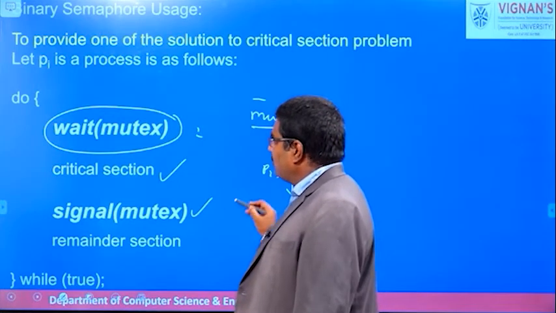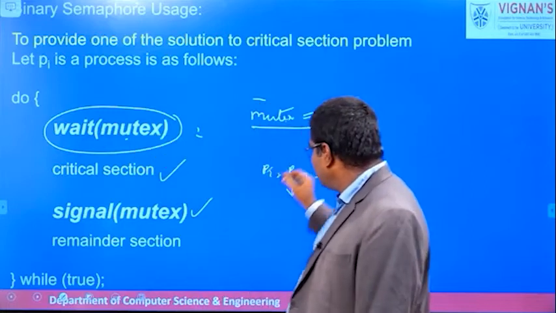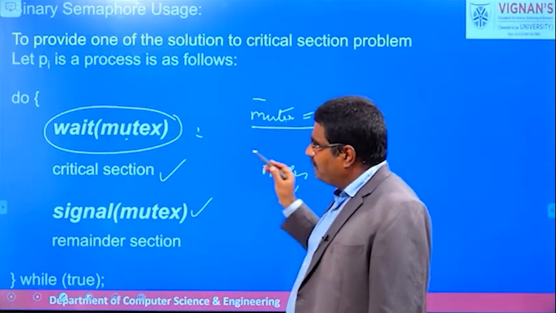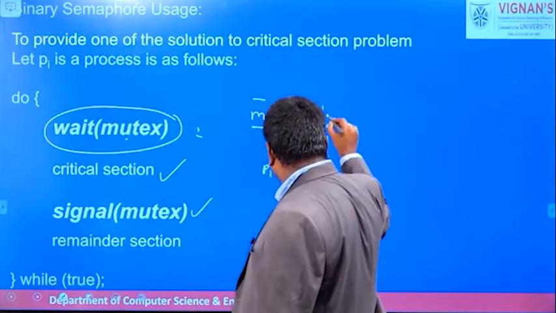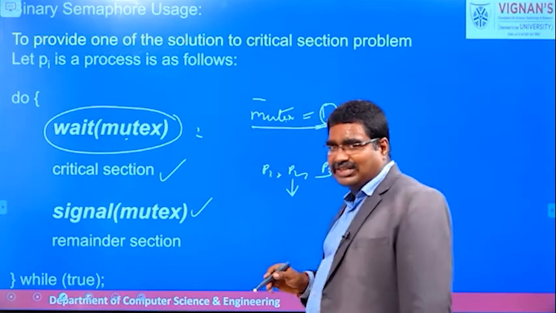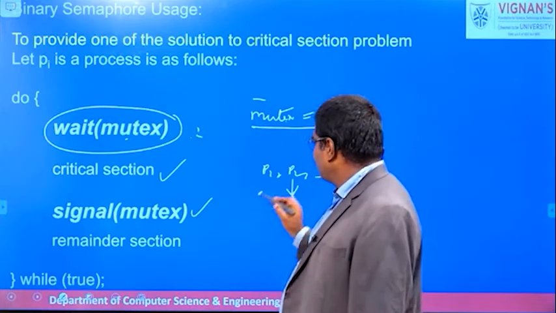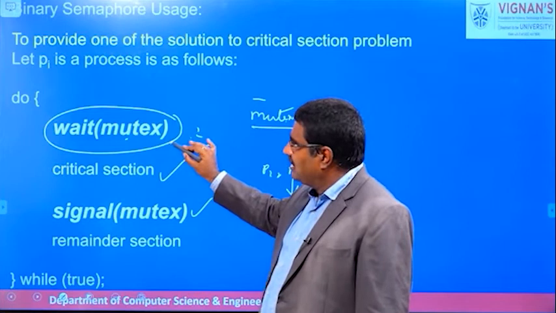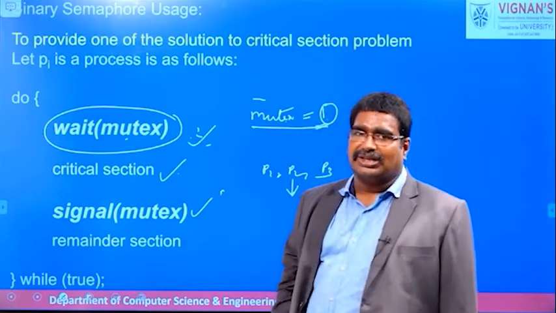Whenever the P2 process calls wait(mutex), what is the mutex value? 1. Whenever the P2 process calls the wait function, mutex is set to 0, because its value is already greater than 0, it is decreased by 1 and comes out of the wait function. For that reason, P2 successfully completes the wait function execution and P2 enters into the critical section.